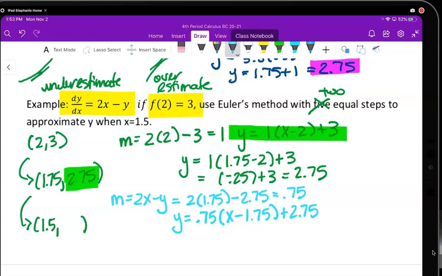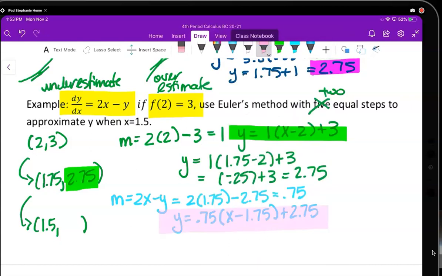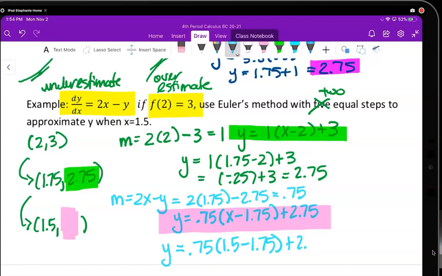I'm going to use this new line right here to approximate that value. With that, y is equal to 0.75 times (1.5 minus 1.75) plus 2.75.